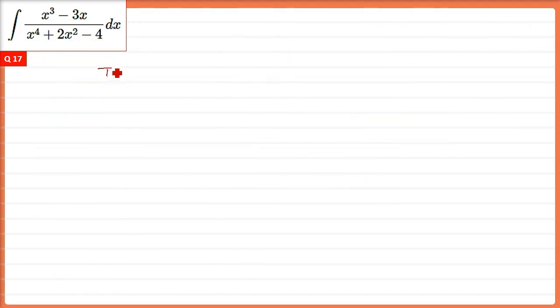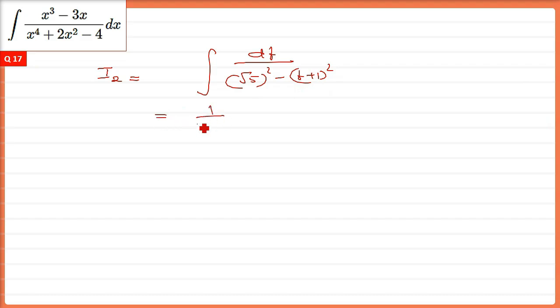Alright. So what we got, I just explained. I2 we got as the integration of, constant we will deal with later, dt by root 5 whole square minus t plus 1 whole square. Since the negative was outside, we have just swapped the sequence of the terms in the denominator. So it will be 1 by 2a ln of a plus x by a minus x.